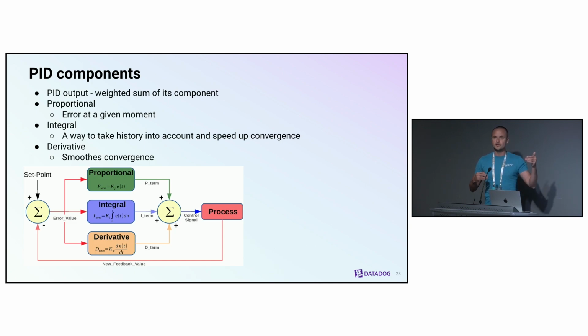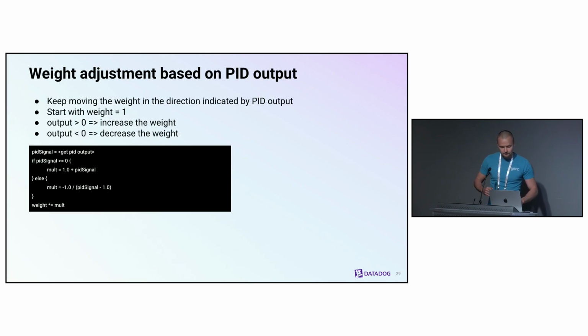So if you increase your input and the effect on the output is too sharp, it would make sense to slow down the increase, because you are risking oscillations and overshoot if you don't do that, even if you don't reach your target value yet. So in a sense, increasing proportional and integral gains speeds up convergence but has higher risks of overshoot and oscillations, and increasing the derivative component has the opposite effect.